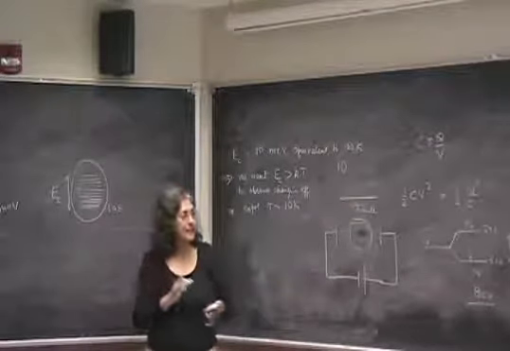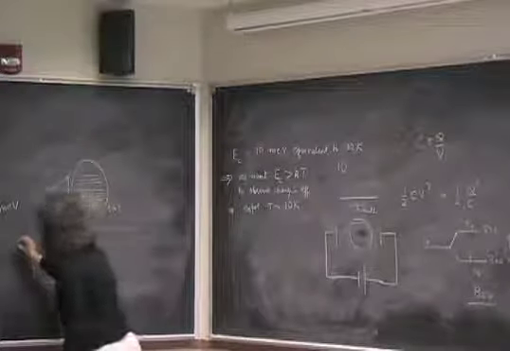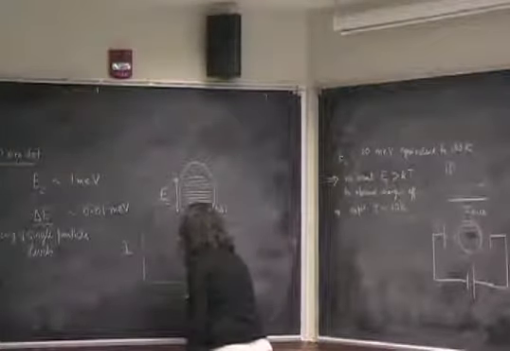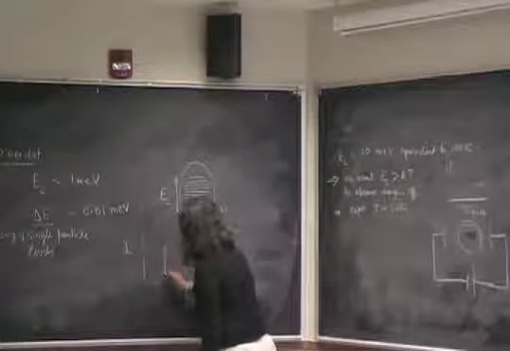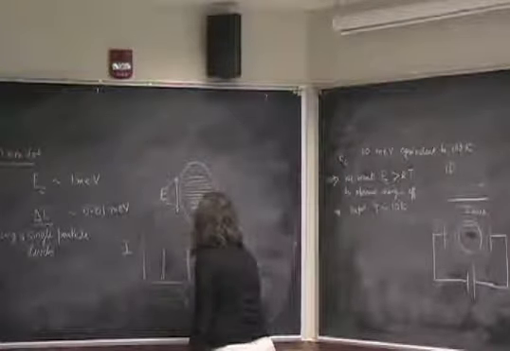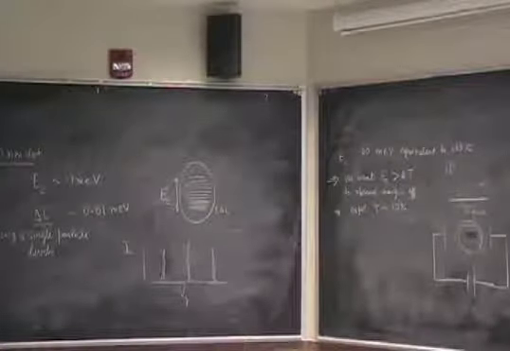Because in the experiment, when they see this I versus gate voltage, you see these peaks like this, or also when you see the other one, the source drain current. Let me show you that.